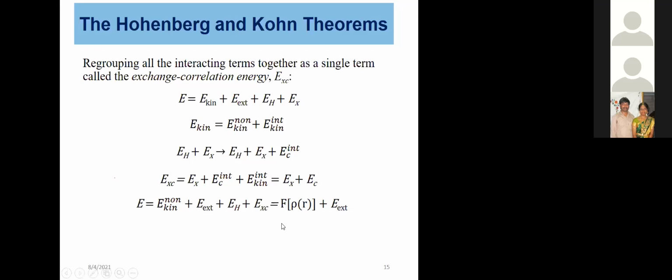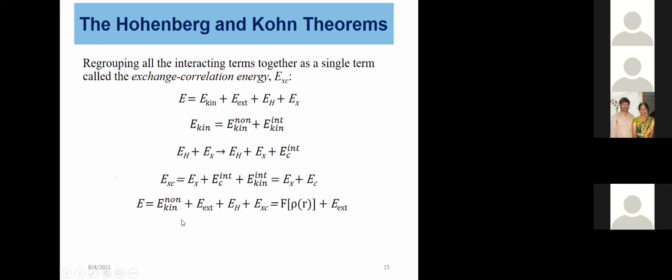So our total energy will now be given as the kinetic energy of non-interacting electrons, the electron-nucleus interaction energy, that is the external energy, which is unique to a system, and the Hartree energy, that is the electron-electron interaction energy. All those interacting terms in the kinetic energy and also in the electron-electron interaction energy will be clubbed as the exchange correlation energy, that is EXC. And this total energy will now depend on the density.